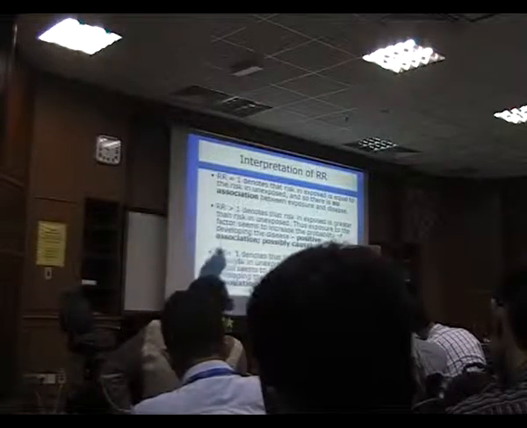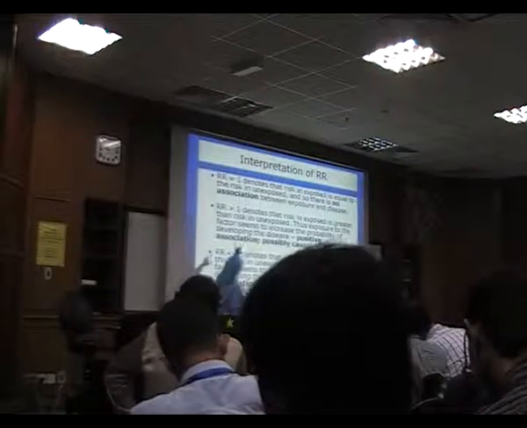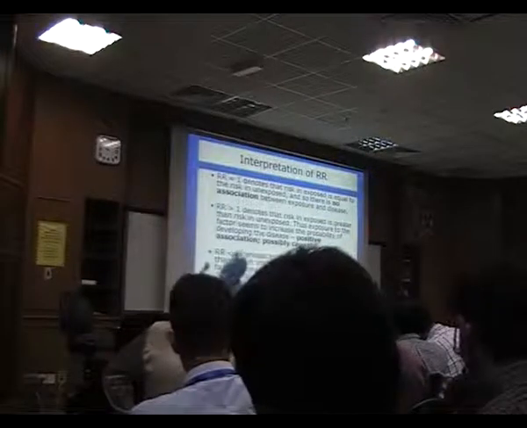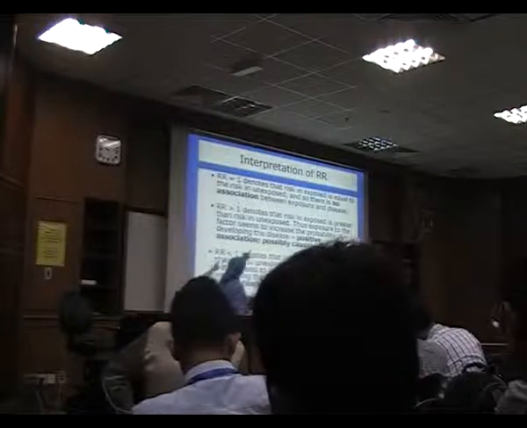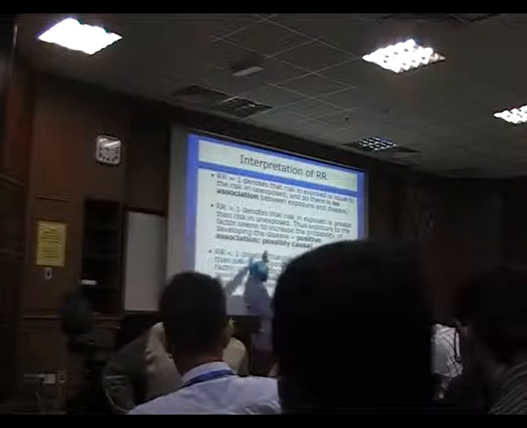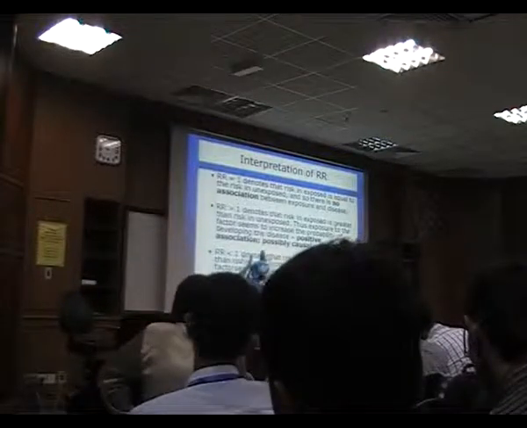Or no association. If it is more than 1, it denotes that the risk of developing disease in the exposed group is greater than the risk of developing disease in the unexposed group. So, positive association, and it is causal. So there is risk.